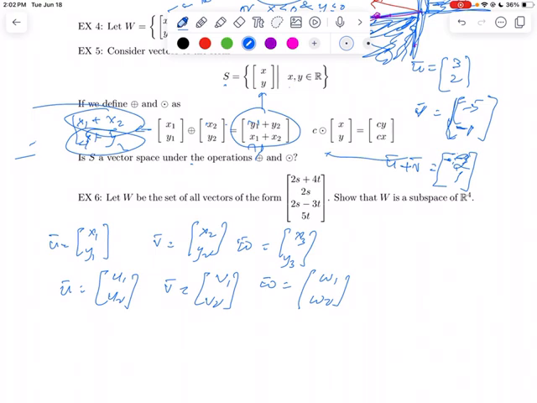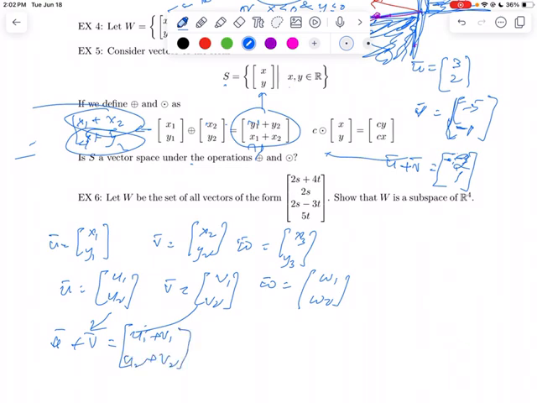So u plus v will give me u1 plus v1, and then u2 plus v2.